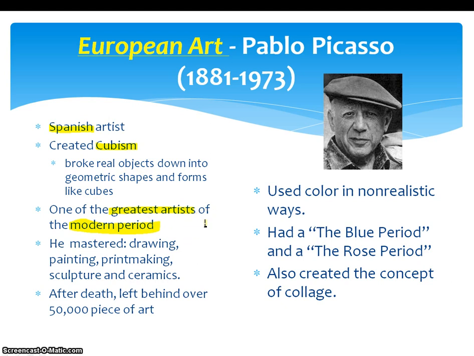He does a little bit of everything: drawing, painting, printmaking, sculpture, ceramics. So, he's a busy guy. He's kind of like a Renaissance man, someone who dabbles in a little bit of everything. He was so successful that after his death, he left behind over 50,000 pieces of art, including all of the above: the drawing, painting, sculpting, ceramics.